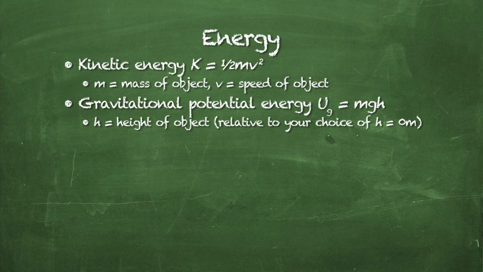That also means that potential energy could be negative. If I were to, for example, call the height of this table to be height equals 0, then any object on this tabletop would have 0 potential energy. Any object above the tabletop would have positive potential energy, and any object that fell off of the table and was below the tabletop would have negative potential energy.